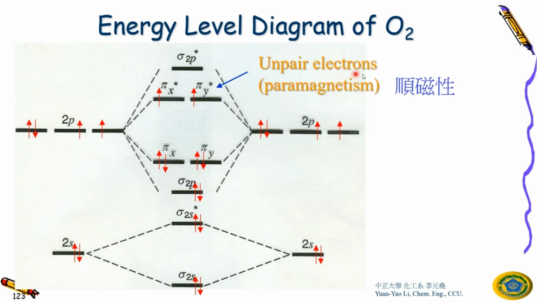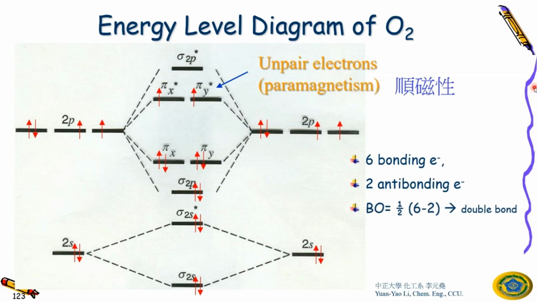Because of the unpaired electrons, this is called paramagnetism. Before we introduce paramagnetism, let's think about the bond order of this oxygen molecule. We have 6 bonding electrons, and then we have 2 anti-bonding electrons.